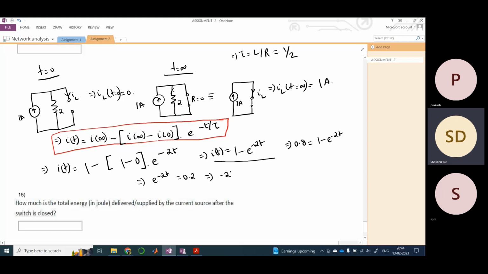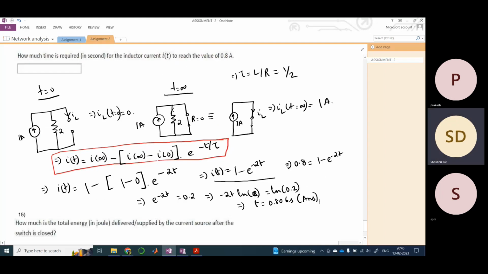If you take ln, this minus 2t will come outside. So sorry, this is e, and this would be ln of 0.2. Once you do that, the t that you would be getting would be close to 0.806 seconds. Okay, so this would be your final answer.